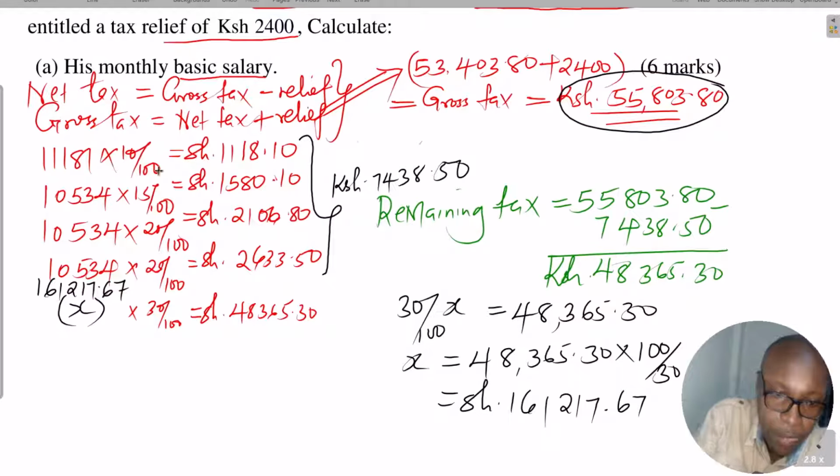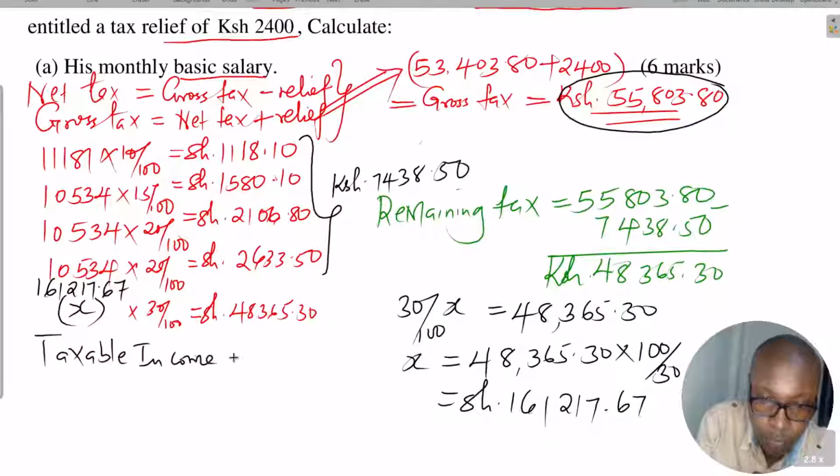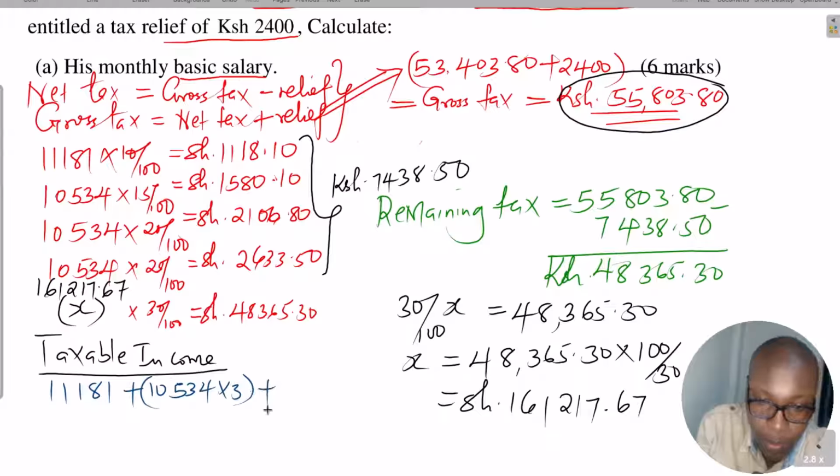Taxable income will be given by adding everything. We have 11,181 plus 10,534 times 3, and then plus the taxable income here that you just obtained, which is 161,217 and 67 cents.